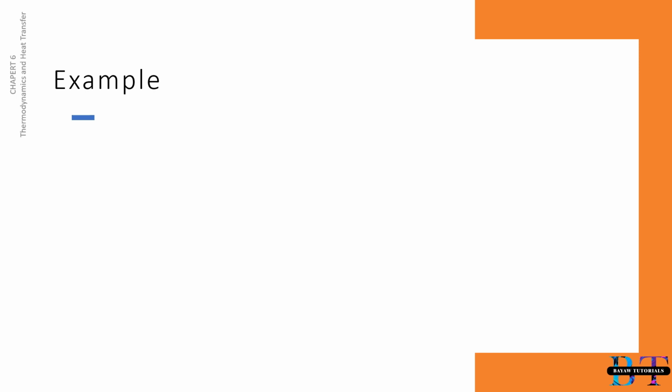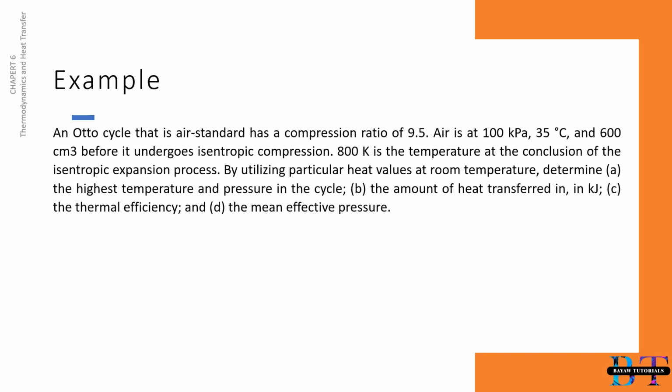In this video, we're gonna solve another problem in thermodynamics and heat transfer in chapter 6, gas power cycle. So here is our example. An air-standard Otto cycle has a compression ratio of 9.5. Air is at 100 kilopascal, 35 degrees Celsius, and 600 cubic centimeter before it undergoes the isentropic compression process. 800 Kelvin is the temperature at the conclusion of the isentropic expansion process.